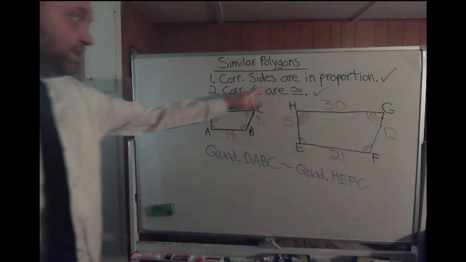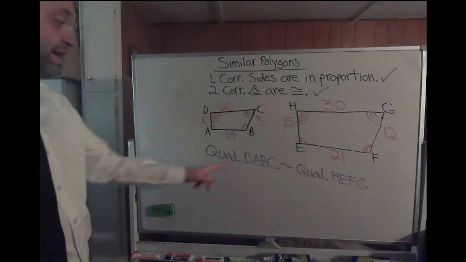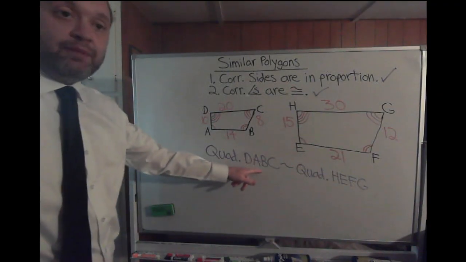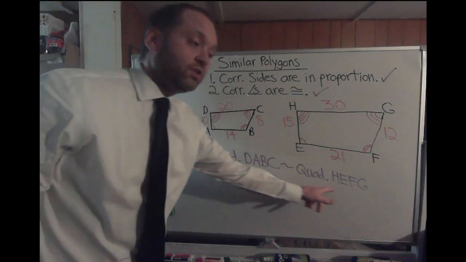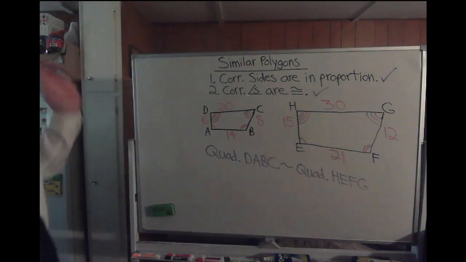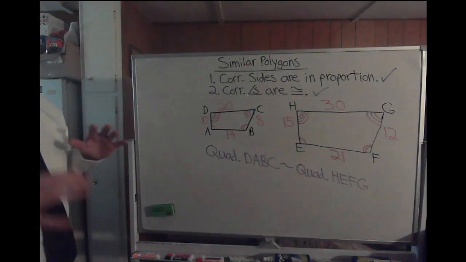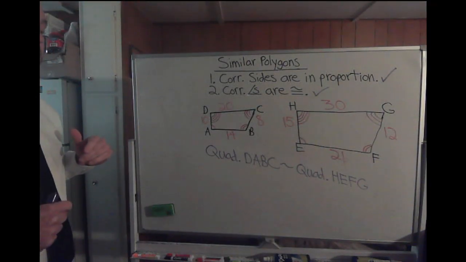So since both of these criteria have been met, we can now say that quadrilateral DABC is similar to quadrilateral HEFG.